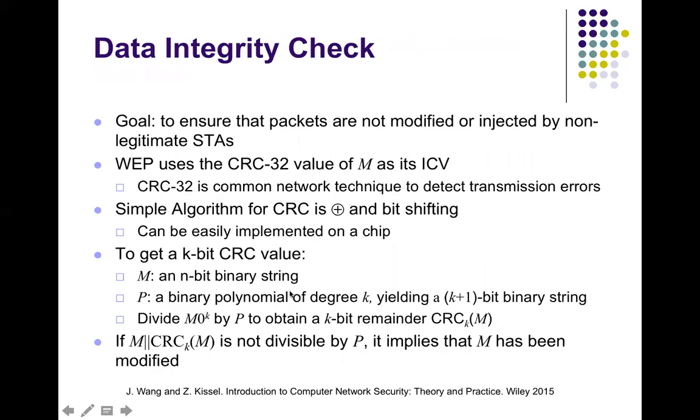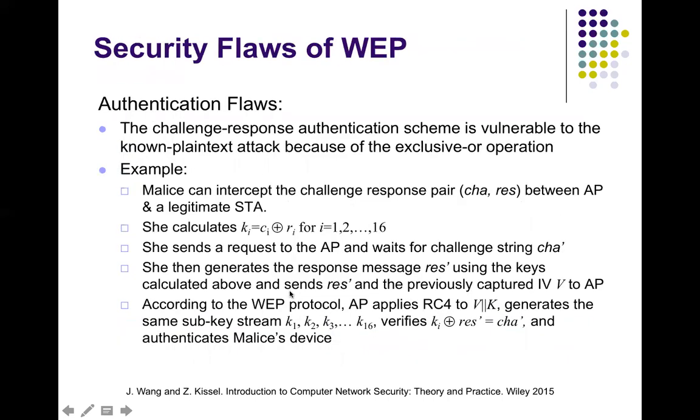Now this is an example. Suppose the attacker Malice can intercept the challenge response pair. So we get one pair: the challenge is sent from the AP to an STA, and the response is sent back to the AP from that STA.